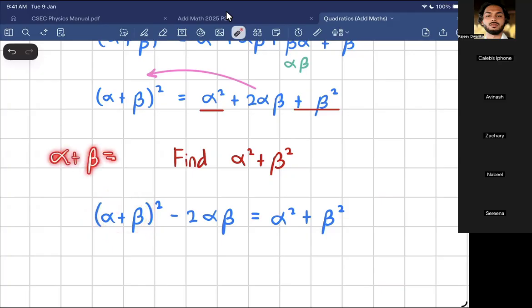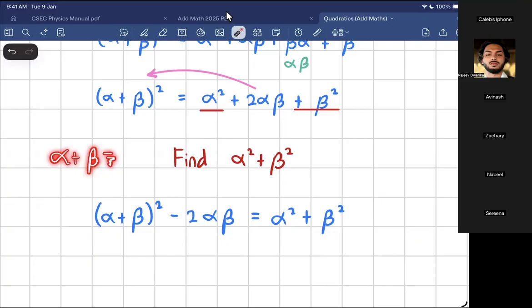I see Caleb really excited. Caleb raised his hand. You want Caleb to take it or you want to figure it out? No, but you see, Nabil, it's in the working you sent me. How did you find alpha plus beta? Is it 1 over? Nah, it's not 1 over. It's in the working for the homework question.